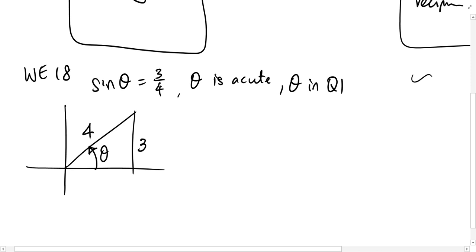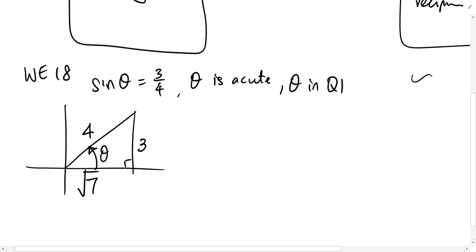And what is the adjacent, or rather the x value? It's not unknown. 16 minus 9 is not the answer. It's the square root of 16 minus 9, which is square root of 7, because this is a right angle triangle.